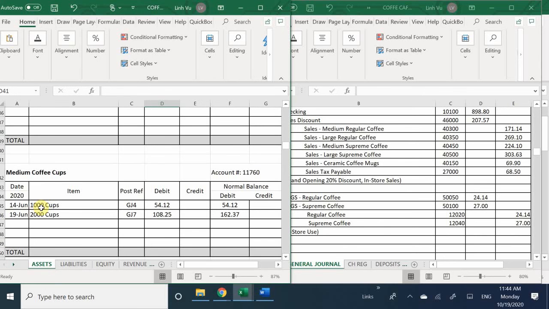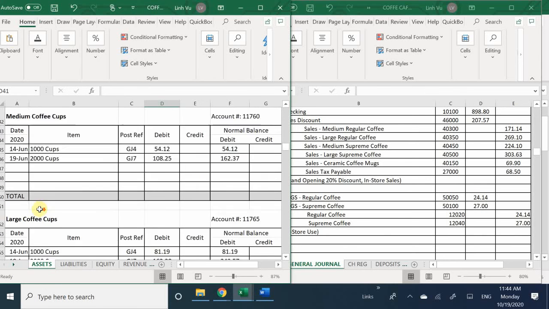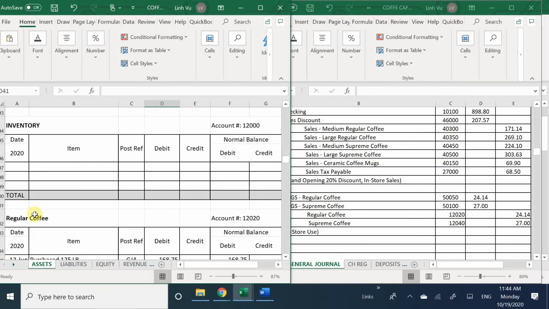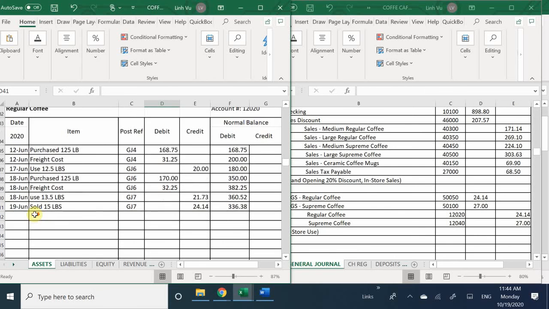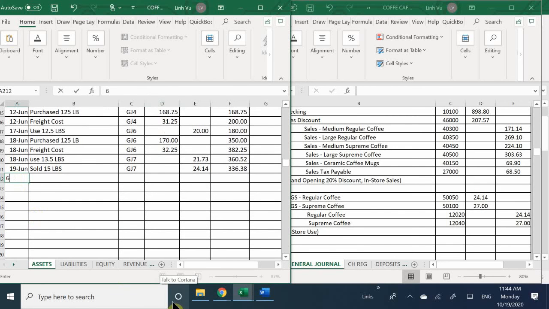Now we got to go update our inventory on hand because we sold it. Okay, so I'm going to go to inventory. Here I am with regular coffee. So $6.19. They indicate that I use 15 pounds LBS. Okay. General journal number 8.